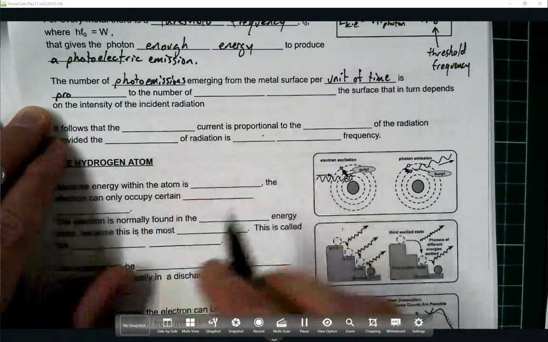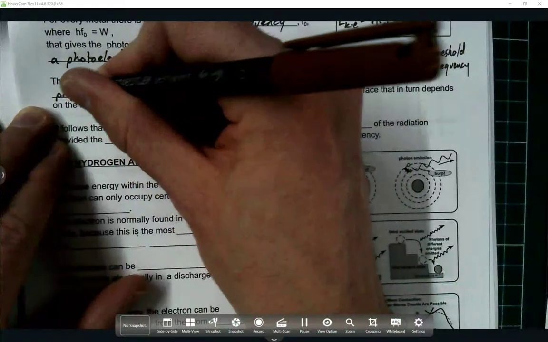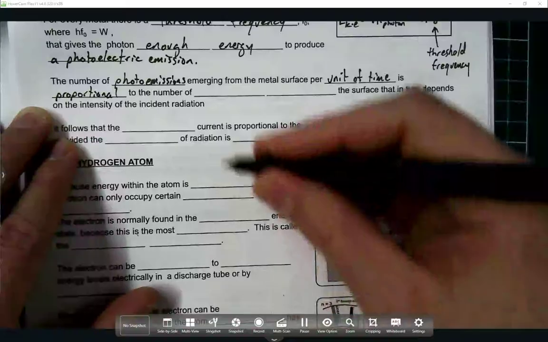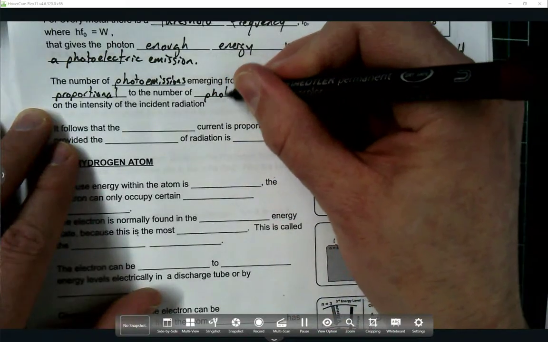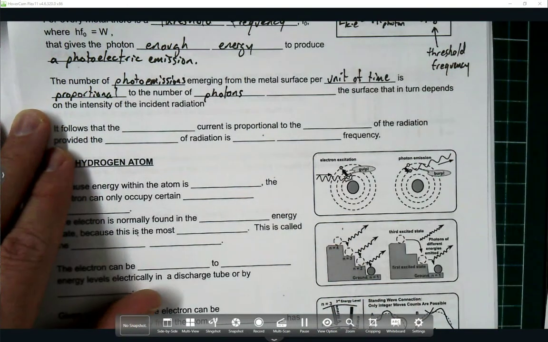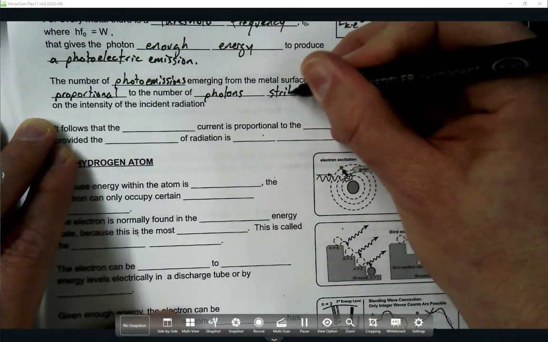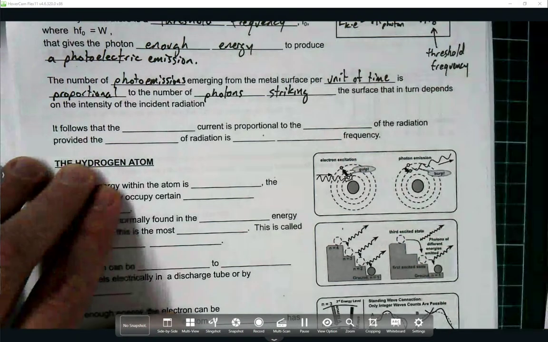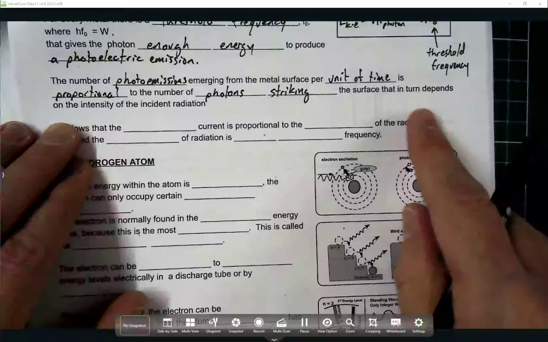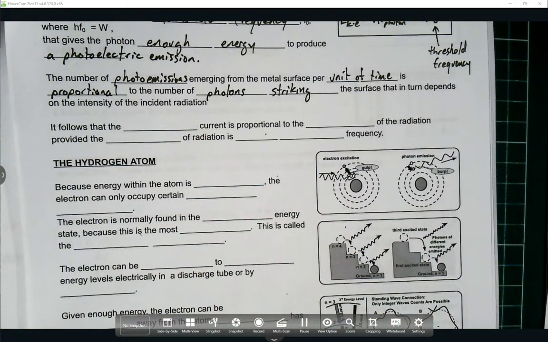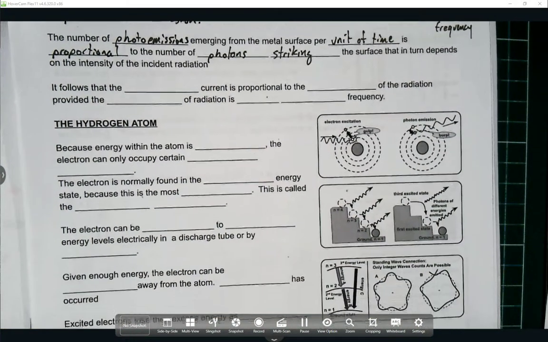It's proportional to the number of photons. Remember, we picked up 2 flashlights instead of just 1, striking the surface. And that in turn depends on the intensity of the incident radiation. More flashlights, more photons.